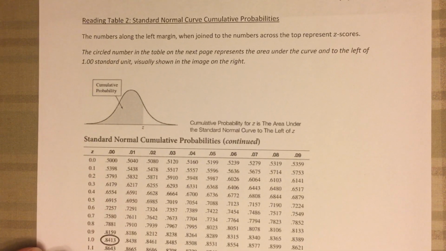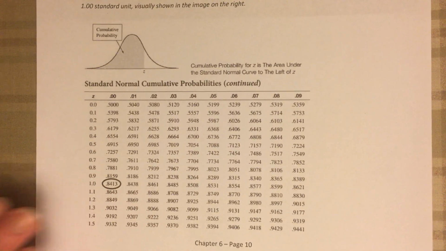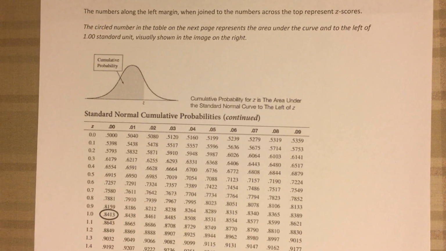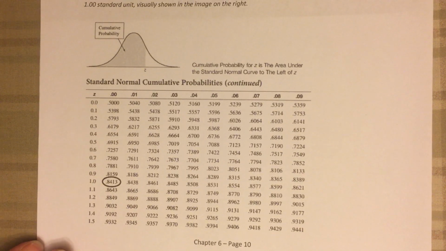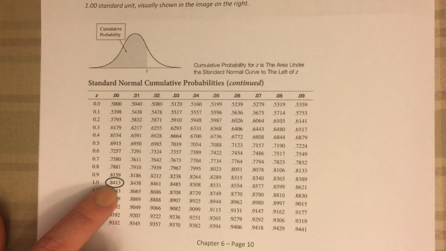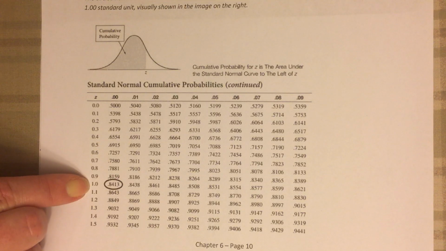Right. So looking at the table, I'm going to slide down here and focus on the bottom part of the page now. When we're reading the table, the numbers in the left margin along with the numbers up top represent our z-scores. We're always going to round z-scores to 2 decimal places. So the circled number in this table represents a z-score of 1.00, because if we go down this left column, we see 1.0.